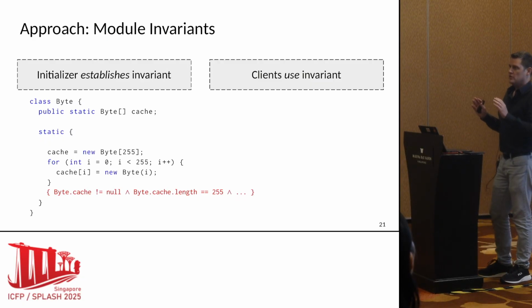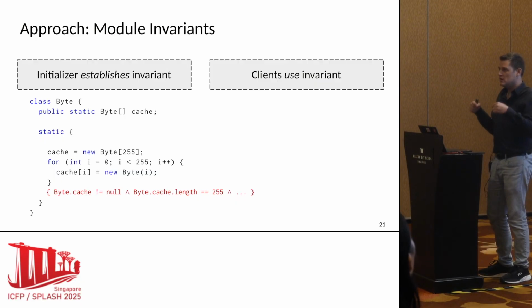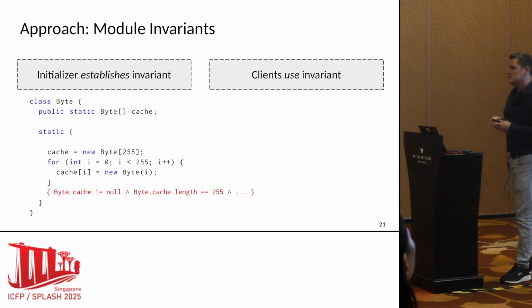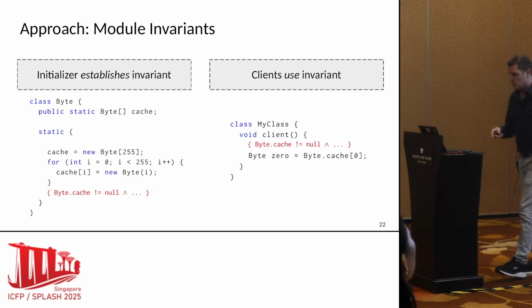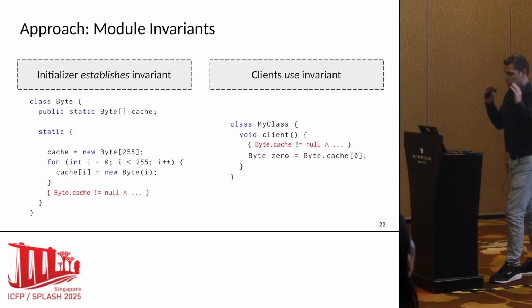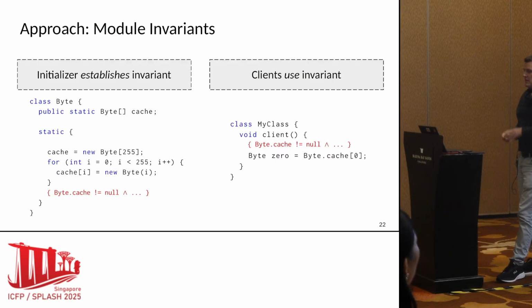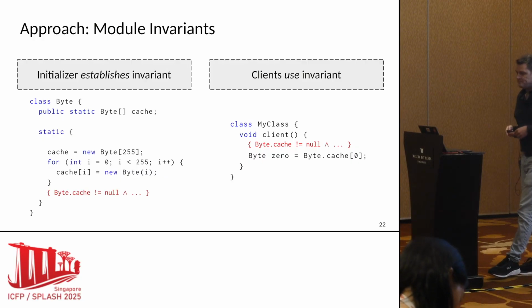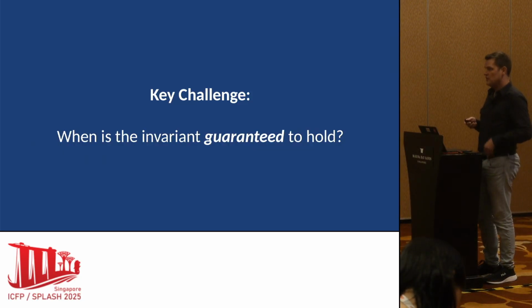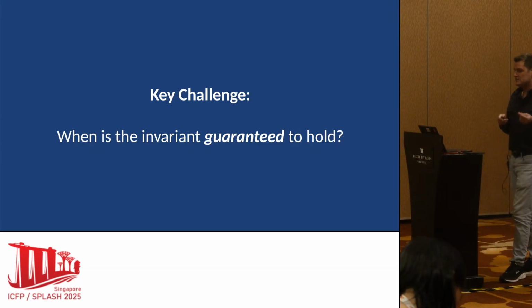Instead, it should prove some set of sufficient conditions that together imply that the invariant must be holding at this moment, no matter when exactly initialization has happened before. So if I have a client like this, I want to prove some set of proof obligations that together imply that the invariant holds now. And then the key challenge is, of course, well, what are these proof obligations? When exactly is the invariant of some module guaranteed to hold?